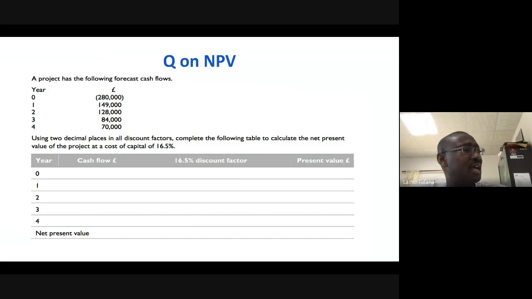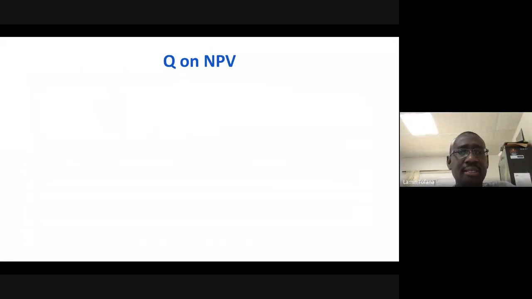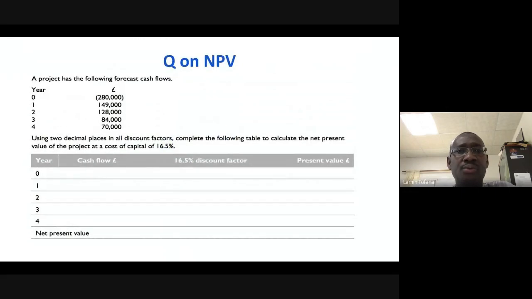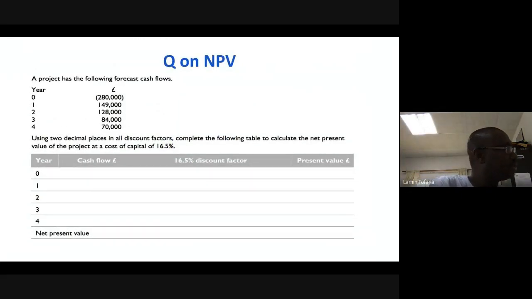Having that understanding of NPV analysis, let's do a question. We do a simple one, like I said, and we will look at the exam type question. The first one is definitely very simple, so we're not going to look at it. We're going to look at the second one.